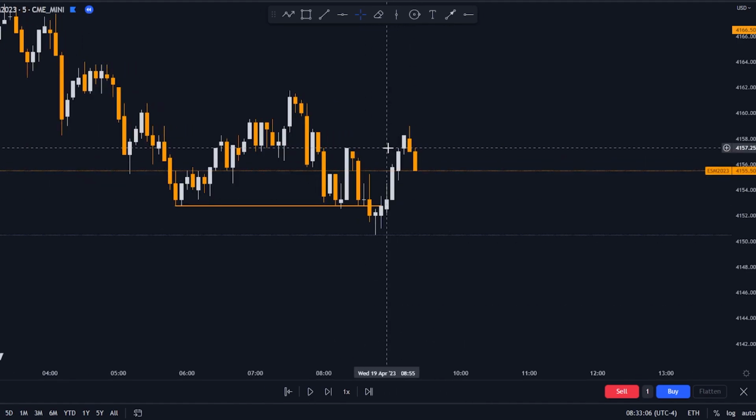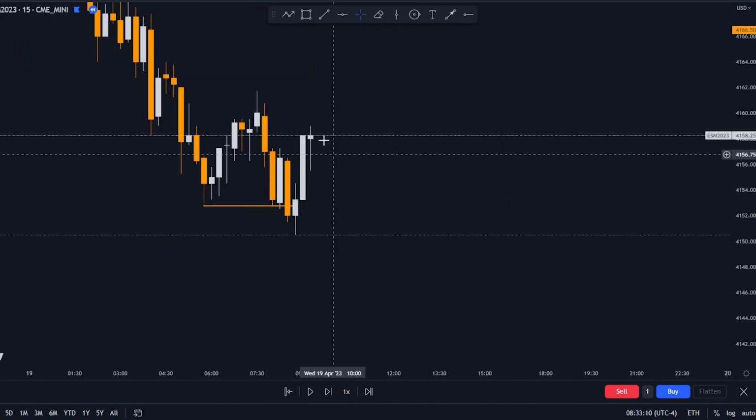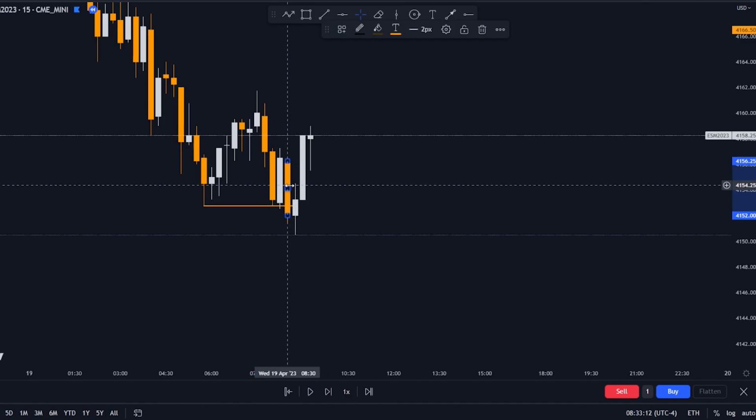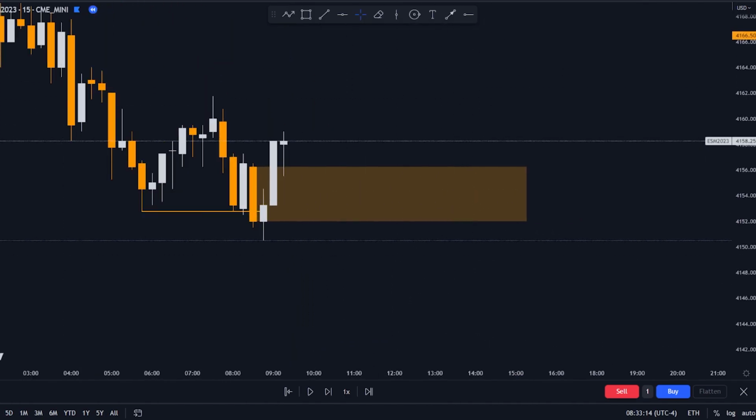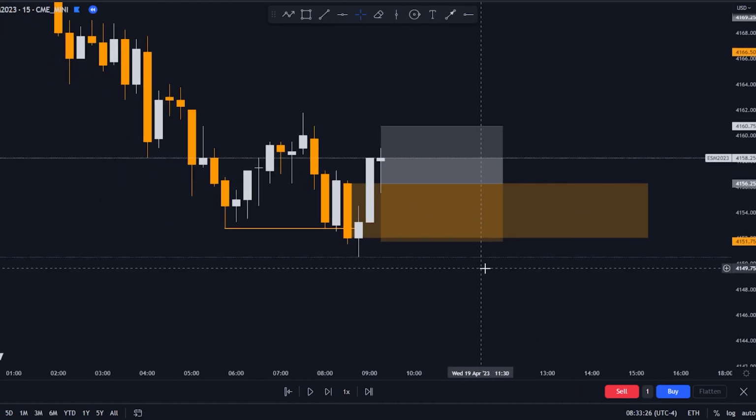So we're waiting for the break. We break through here. Let's go to the 15-minute chart. Mark it up. Our entry would be exactly here, or also the mean threshold, but you're risking not getting filled by that.